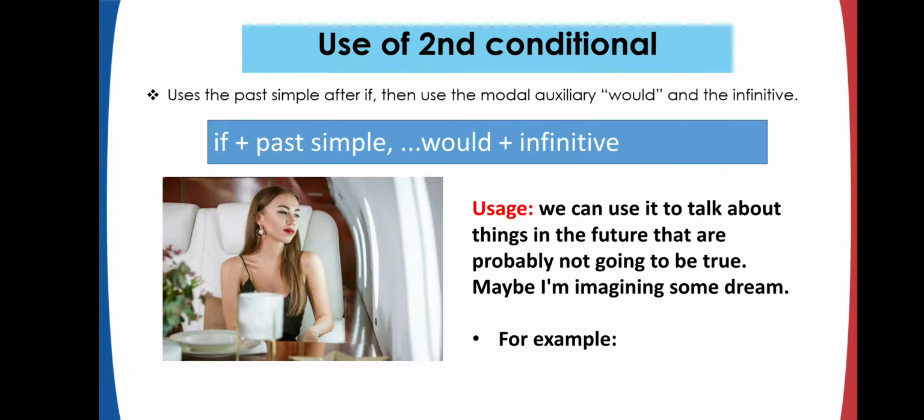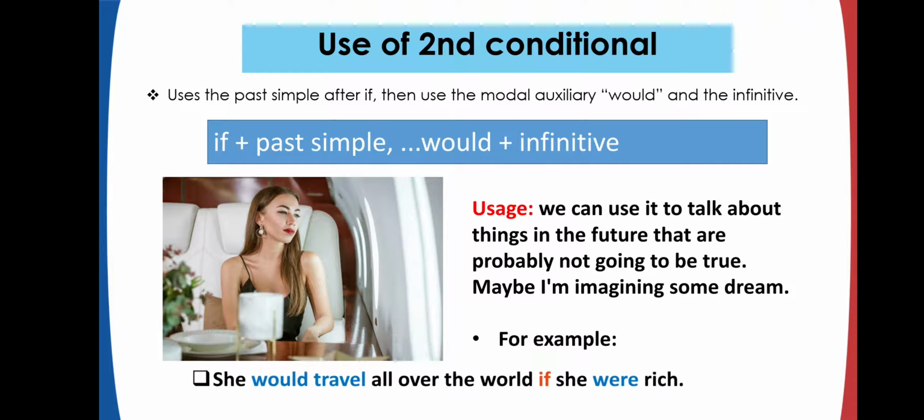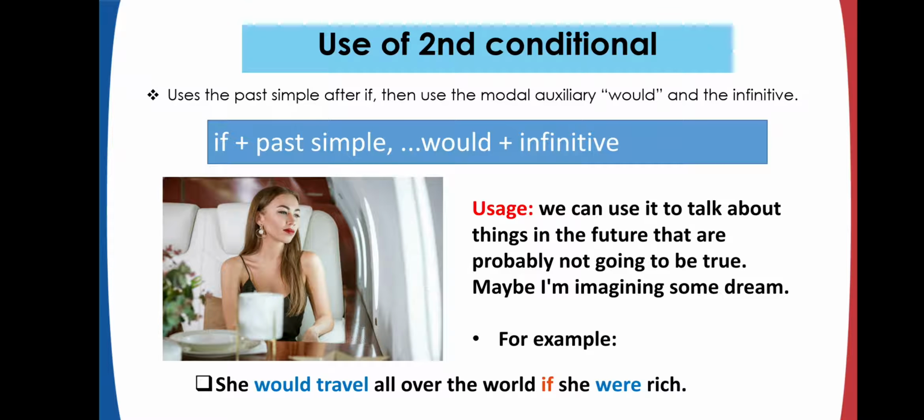Look at here. We can use it to talk about things in the future that are probably not going to be true. Okay? And also in the present, for example, maybe I'm imagining some dream. For example, she would travel all over the world if she were rich. Okay?